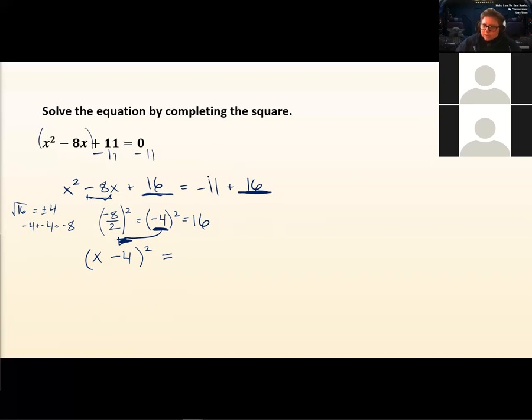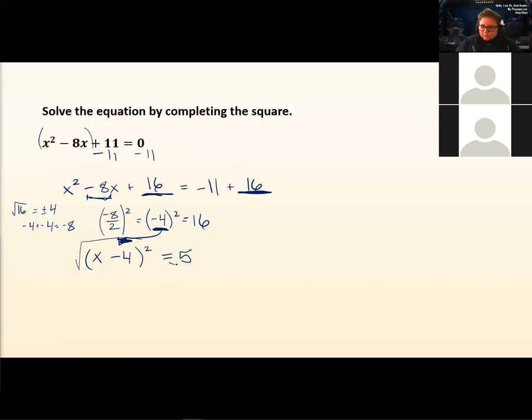And then on this side, we have -11 plus 16, which is what? 5. Somehow we got 5 again. Okay. And we're just taking the same steps as last time. So from here on out, what are we doing? Square root it.